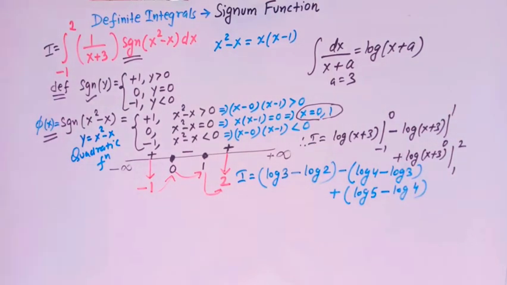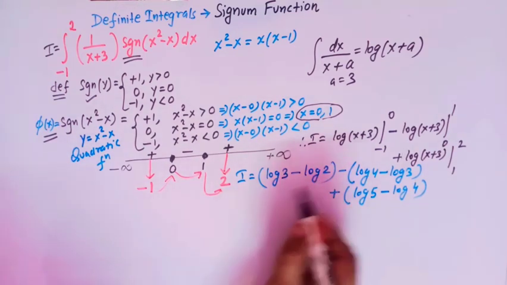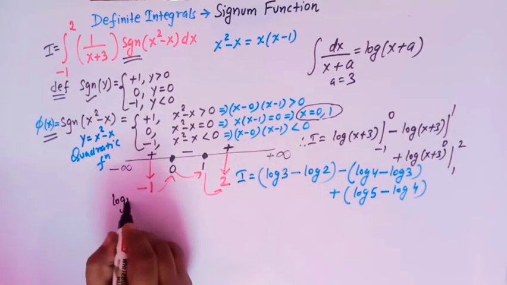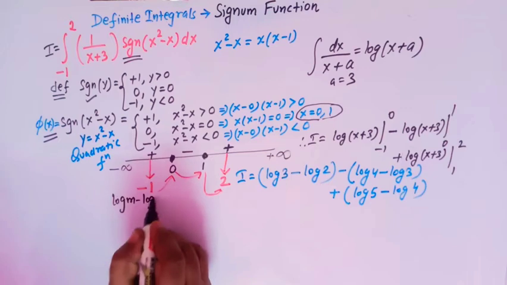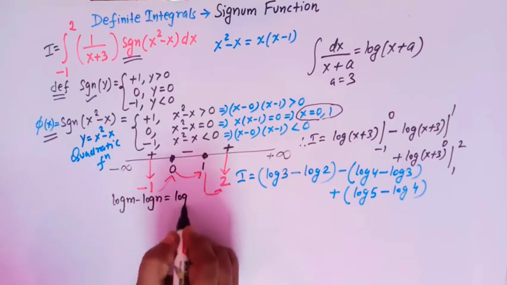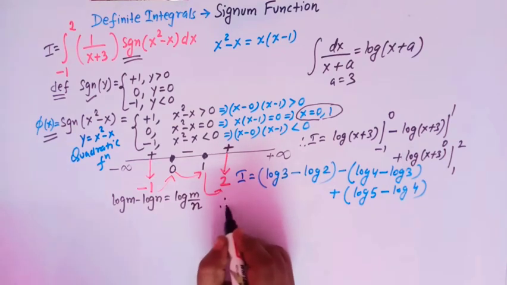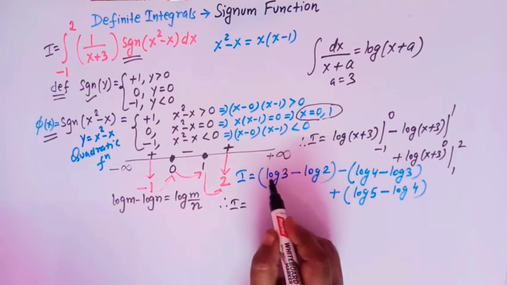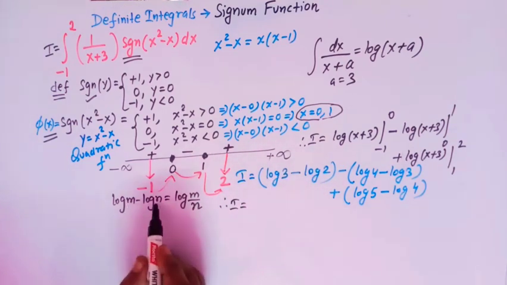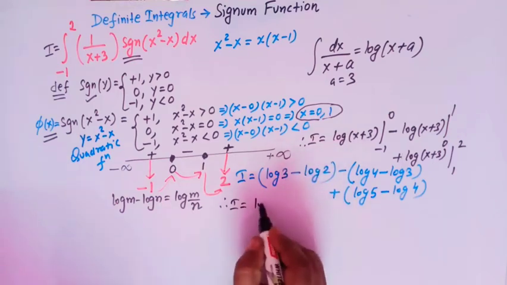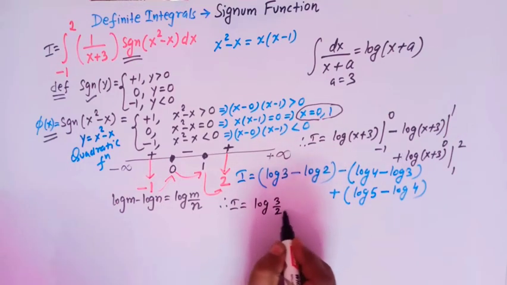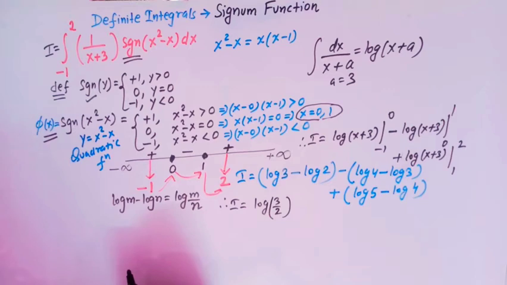So now here we'll make use of one important property of log, which says that log of m minus log of n is equal to log of m over n, right? So therefore I is equal to, this is log m minus log n, so here we have log 3 over 2, right?